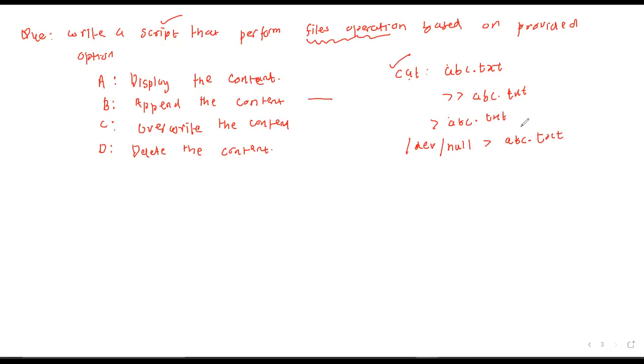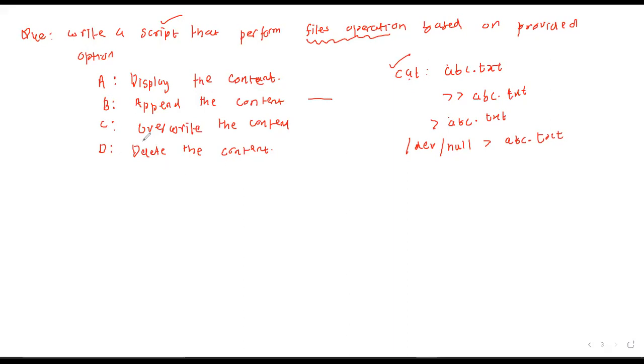So no content gets overwritten onto abc.txt, and the data gets removed completely. Whatever the data was, it is replaced by the null file. So indirectly you can say you have deleted the content.